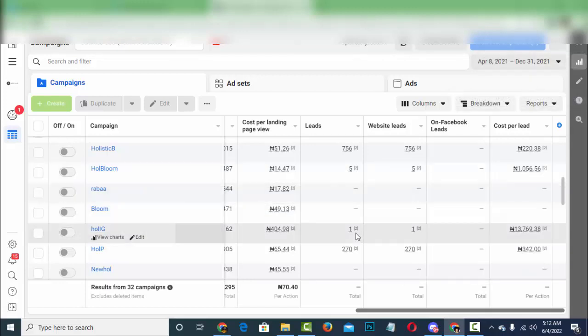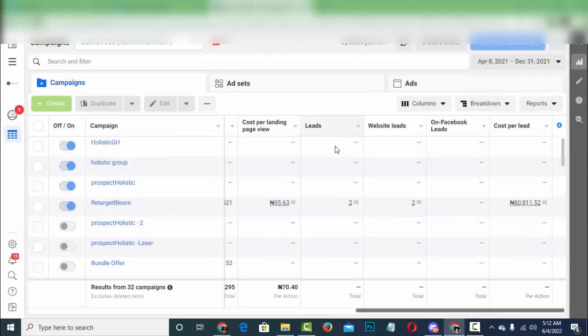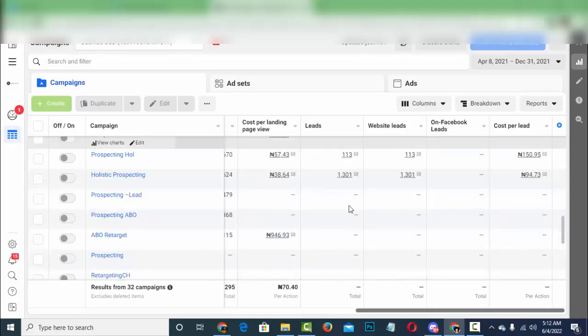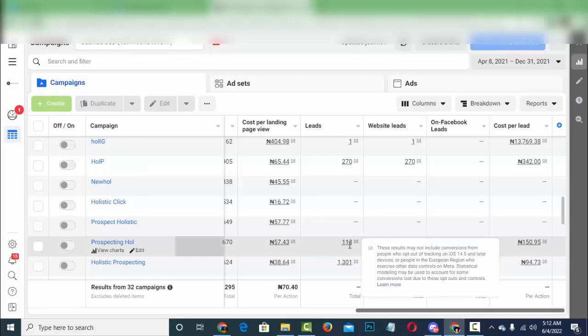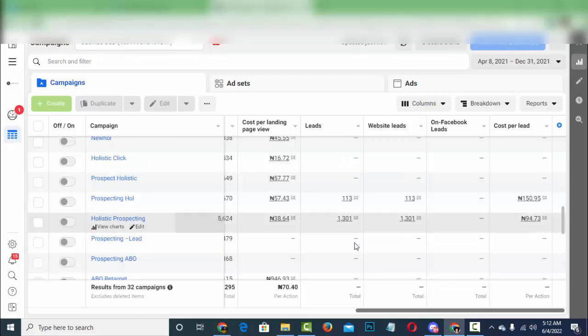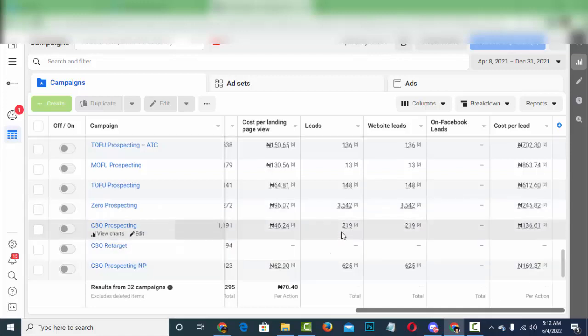Right now, how many leads did we get during this period? You can see that some of the leads are not recorded, but if you make a calculation, 7 something, 2 something, 1 something, 1,000 something, 100 and something, 3,000 and something, you will see that we had between 10,000 to 15,000 leads.